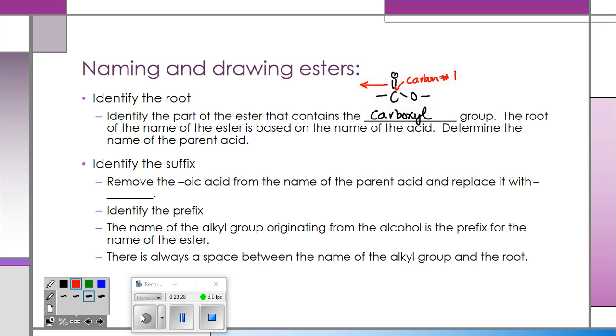It was always carbon number 1 because it was part of the carboxyl group. So what you're trying to do is figure out what acid made up this ester. So you're finding the name of the parent acid. Then, in the suffix, instead of oic acid, we replace it with oate, O-A-T-E.